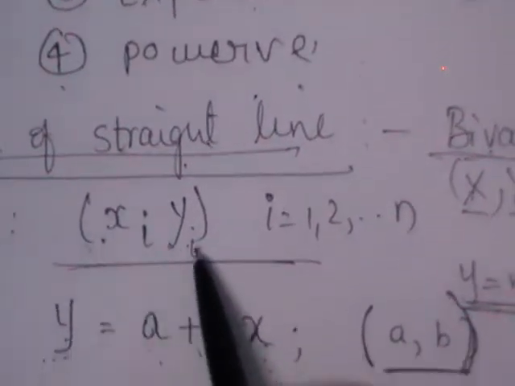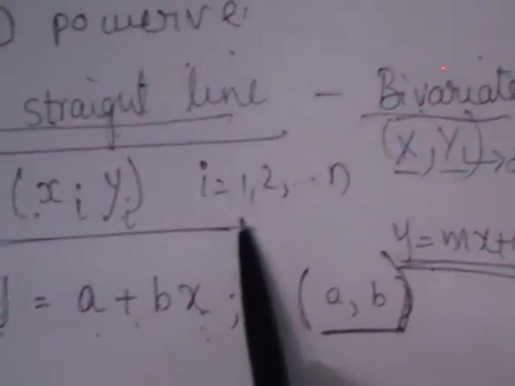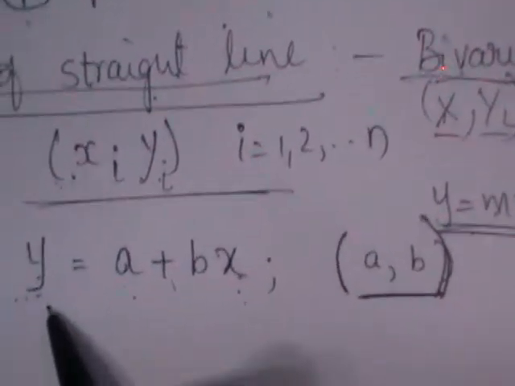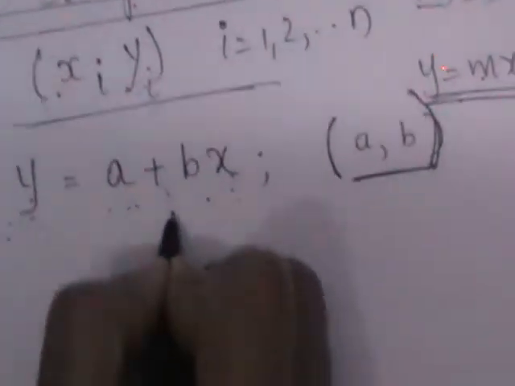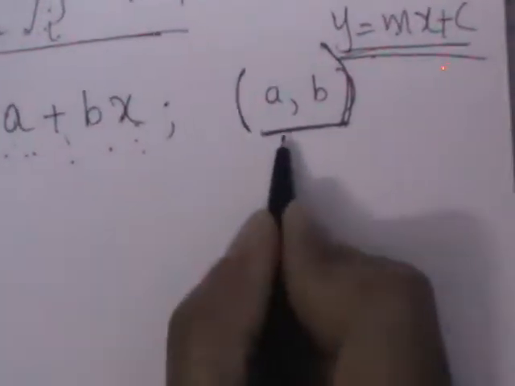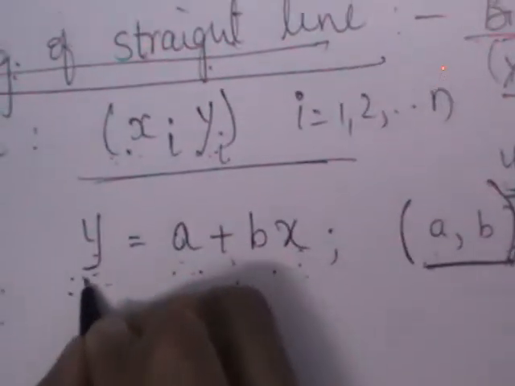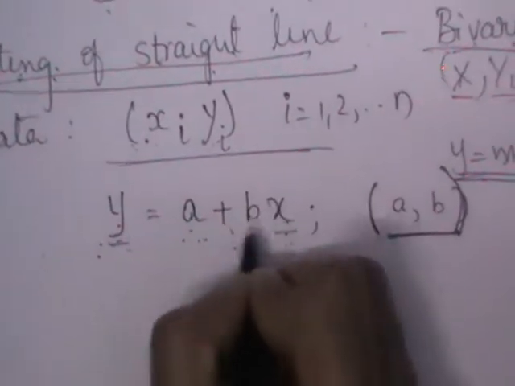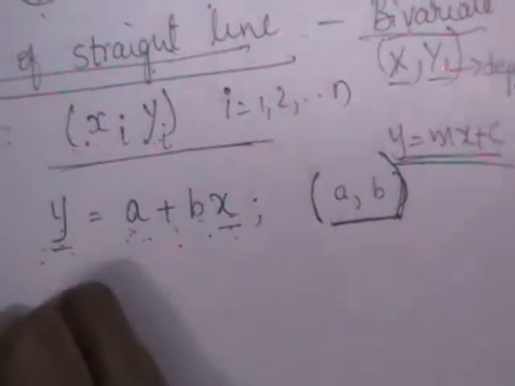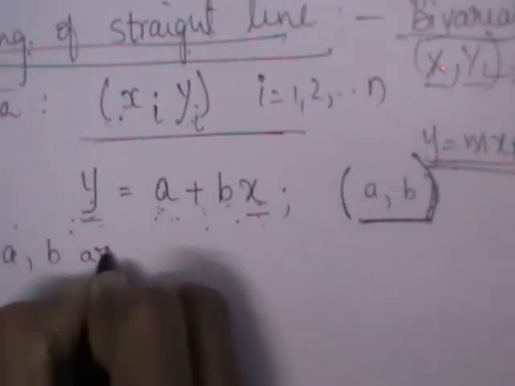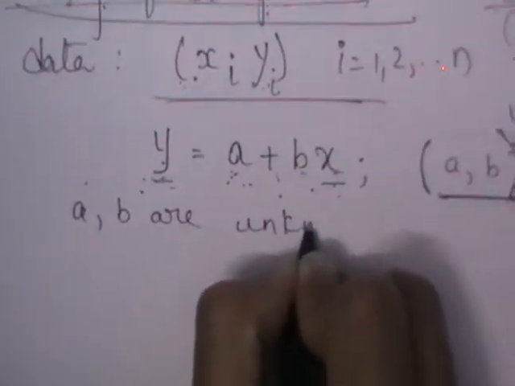You are going to consider bivariate data x comma y_i on n observations, and y is equal to a plus bx is the straight line to be fitted for the given data. What are the two variables here? x comma y. What are the two constants here? a comma b. Your job is to find these two values, a comma b, the unknown constants.